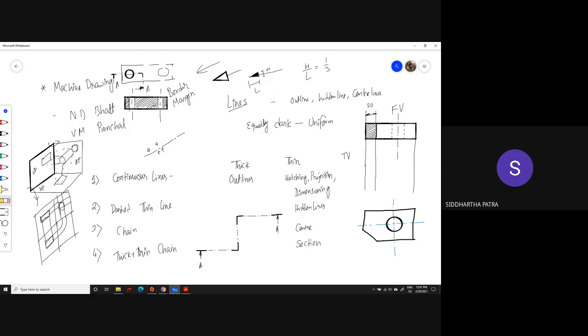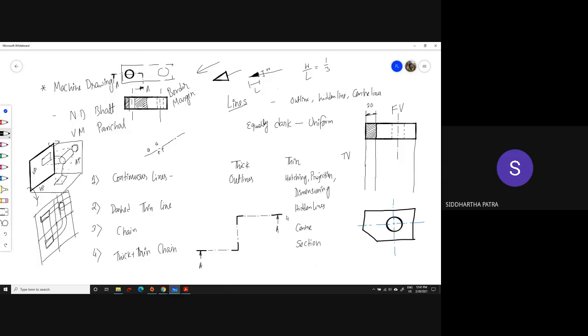Then this part is a section only up to this part, and for this part I'll show the whole cylindrical hole using a set of hidden lines.